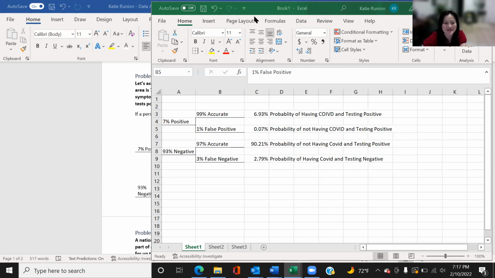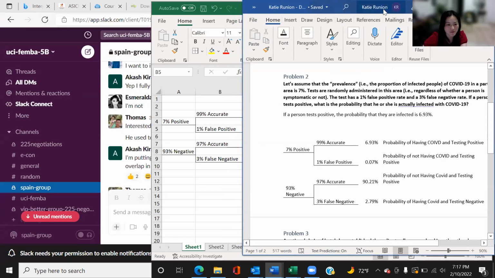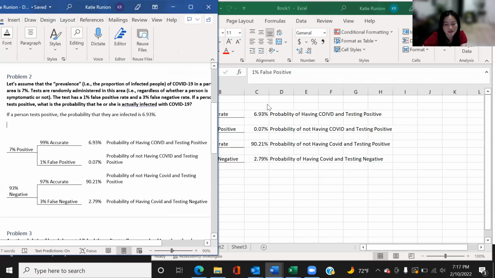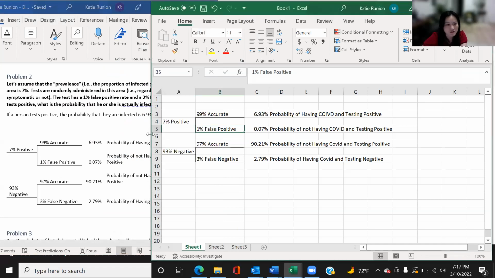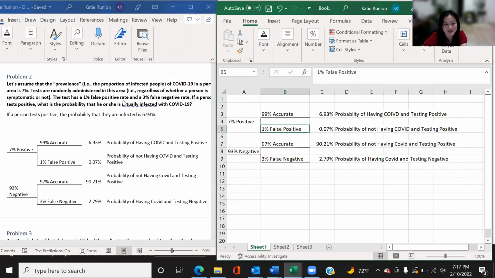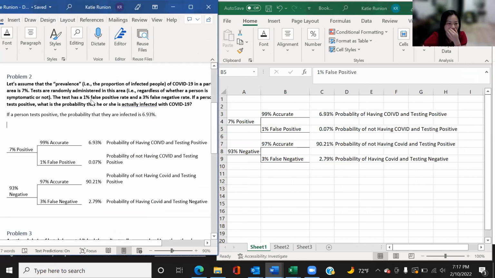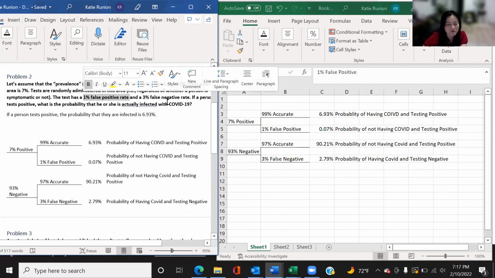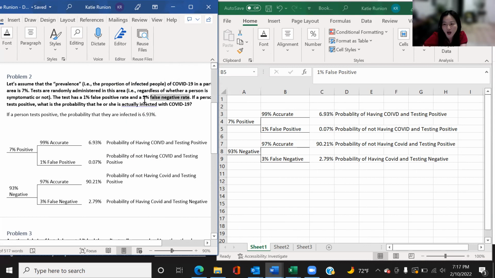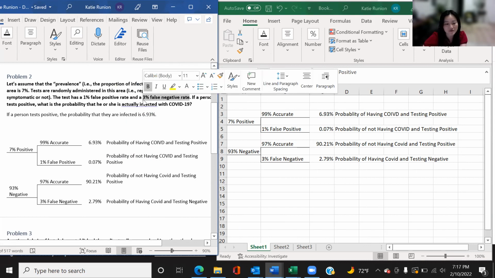It is a little confusing right now. Is that what you mean, like Katie's chart? Katie's chart has a major difference from mine, because the false positive was not supposed to be there. On the positive, which means people who actually got COVID, 7% of people got COVID. And if you're looking at the false negative 1%, we're supposed to put false negative 3% on this one instead.